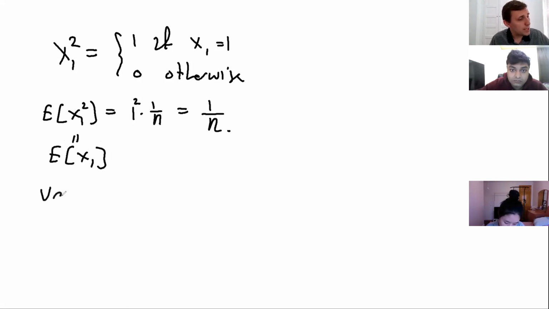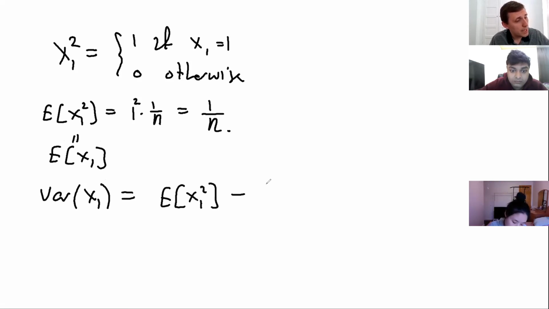But now variance of x1 is the expected value of x1 squared minus the expected value of x1, where this number is squared.